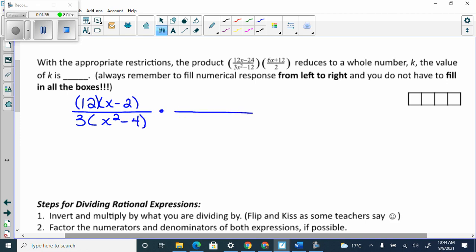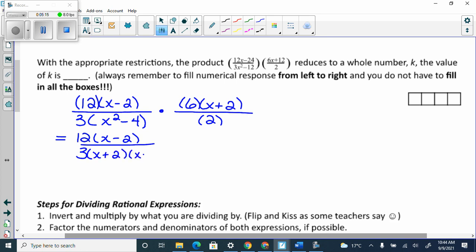And then the other one, I'm left with x plus 2, and then a 2. The x squared minus 4 is just difference of squares. So we're going to get 3 times (x plus 2)(x minus 2), over 6(x plus 2) over 2.